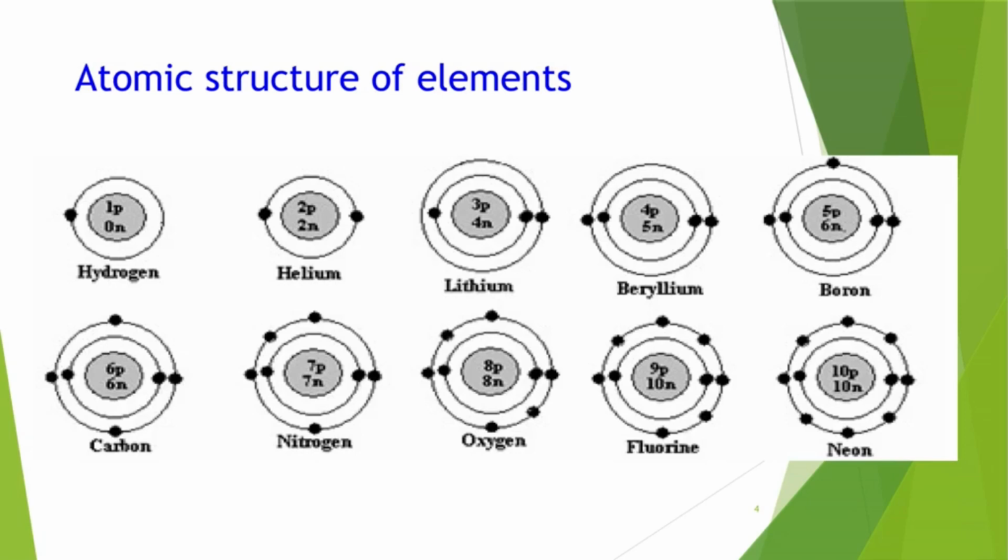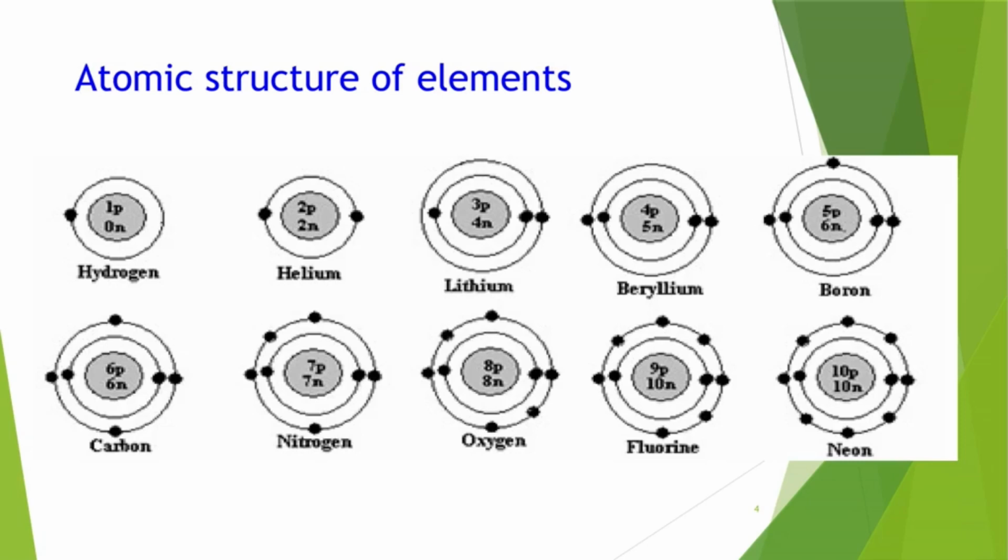Now the next electron enters another shell in the case of lithium, isn't it? Similarly, beryllium, having atomic number 4, has 2 electrons in the first shell and 2 electrons in the second shell. Boron has 3 electrons in the outermost shell and 2 in the inner shell. Carbon has 4 electrons in the outermost shell and 2 inner.